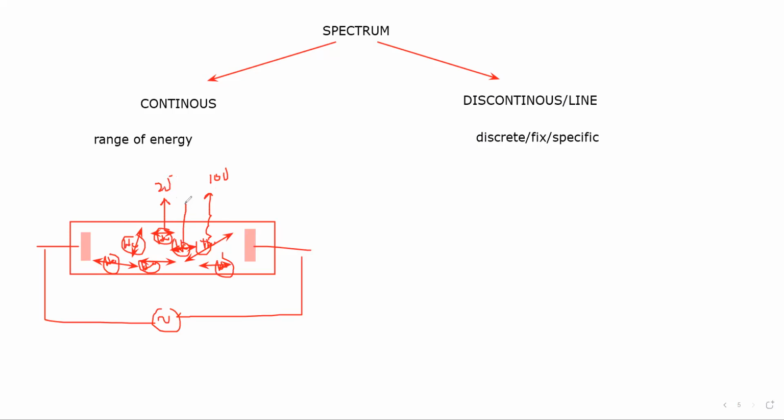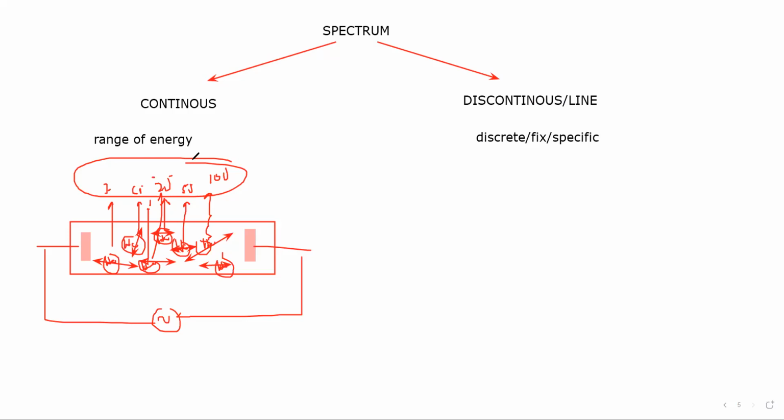One vibrating moderately, like average 5, so 6, 7, 8. So you have a range of energy. When you receive a range of energy from the source, this spectrum is called a continuous spectrum.